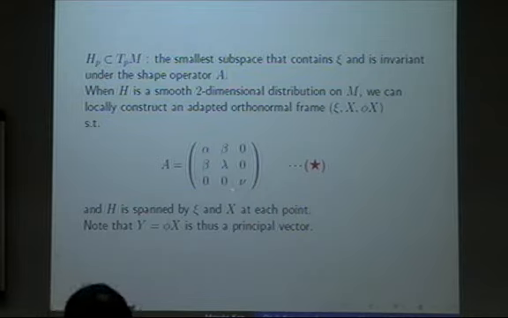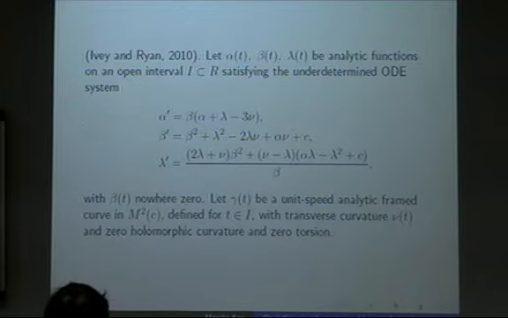In this case, H is spanned by the structure vector field xi and X at each point. And this one is a principal vector. This is a construction of the example.